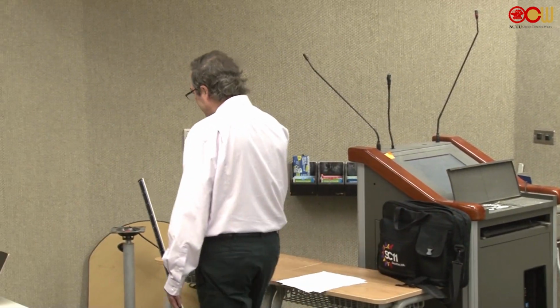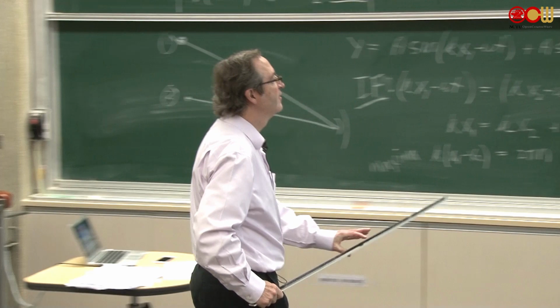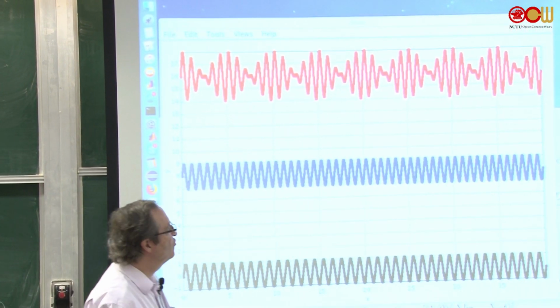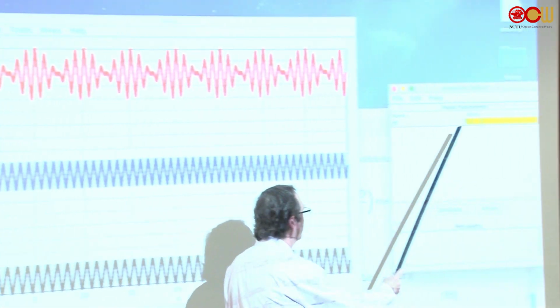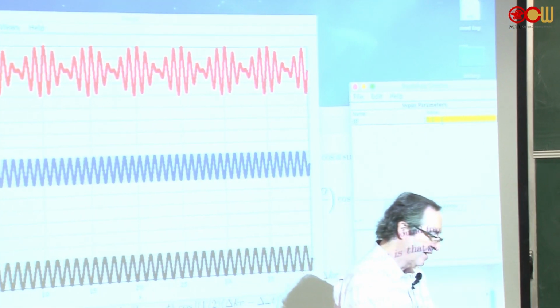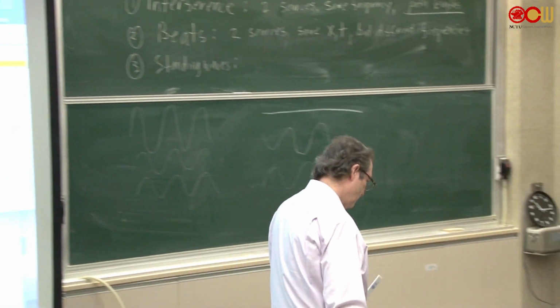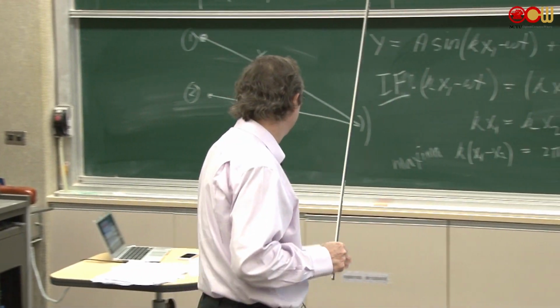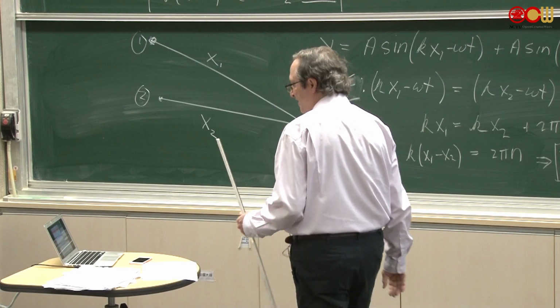Is the spacing between the minima, this thing here, as I go from 0.2 for the difference in frequency to 0.1, is it going to get bigger or smaller? All right, so let's see what actually happens.